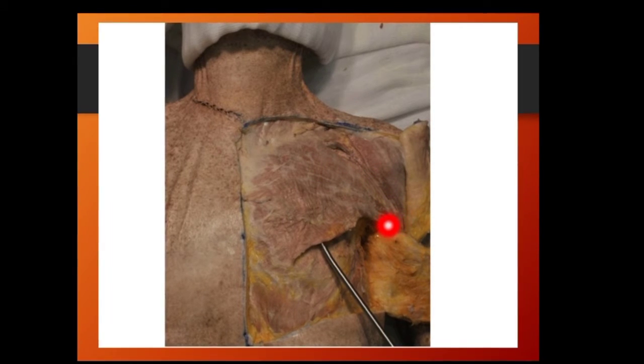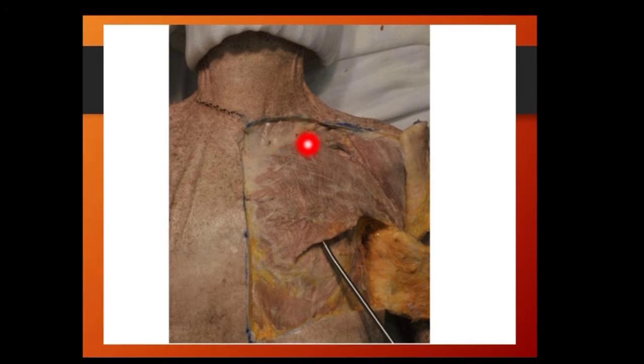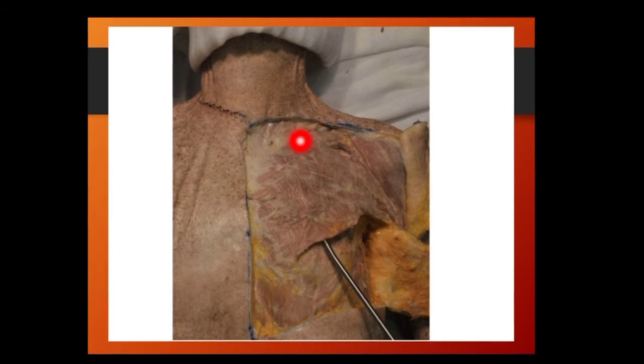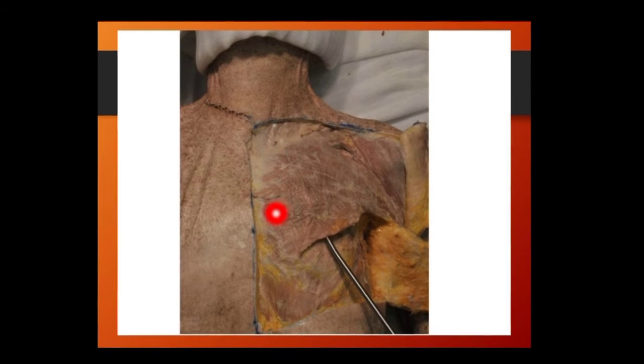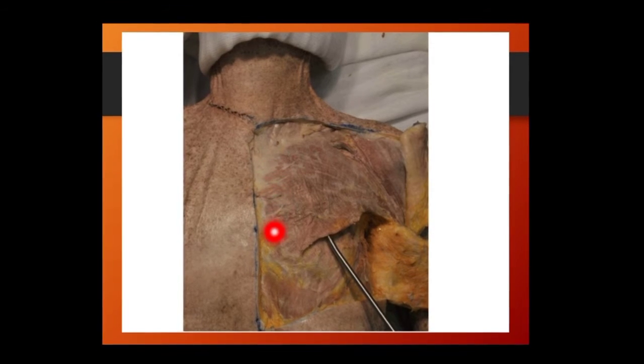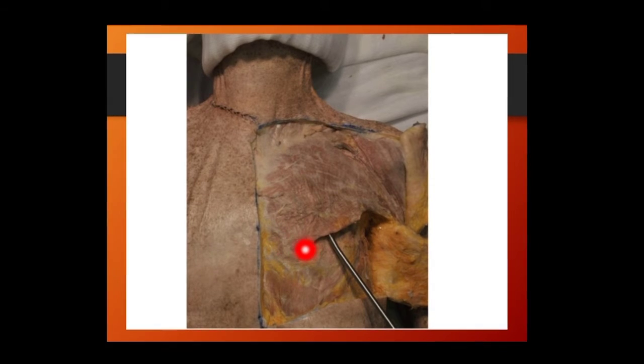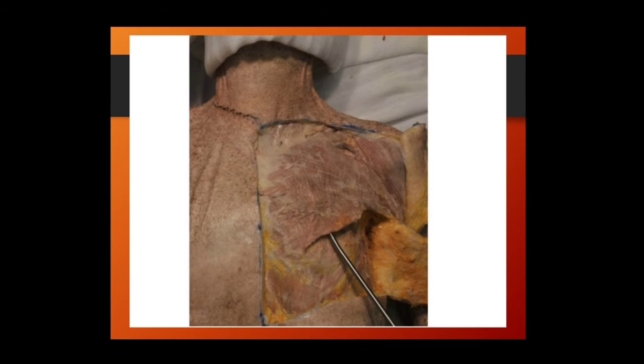This is the insertion point and this is the origin: the medial two-thirds of the clavicle, and half the breadth of the anterior surface of the manubrium sterni and sternum up to the sixth costal cartilage, right?